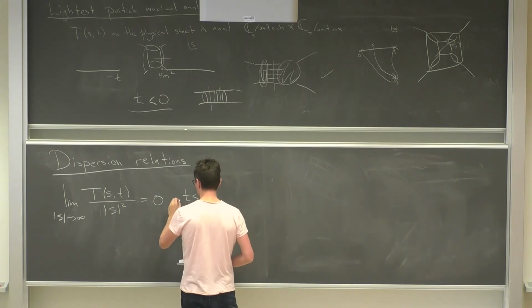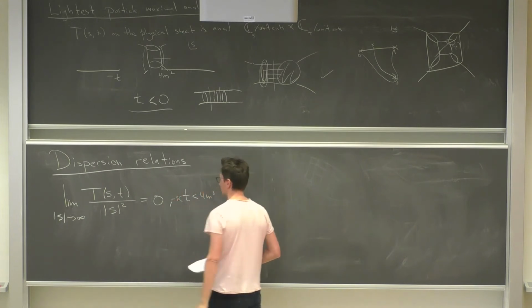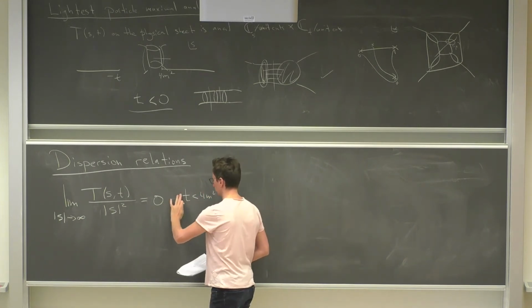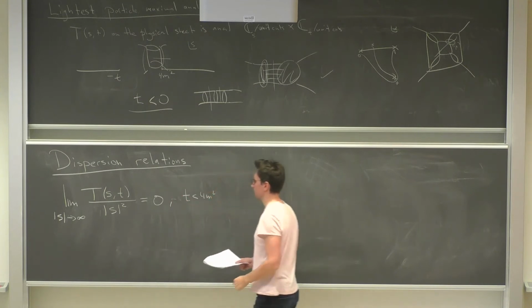So let's go to infinity, so I'll take T fixed and less than 4m squared.